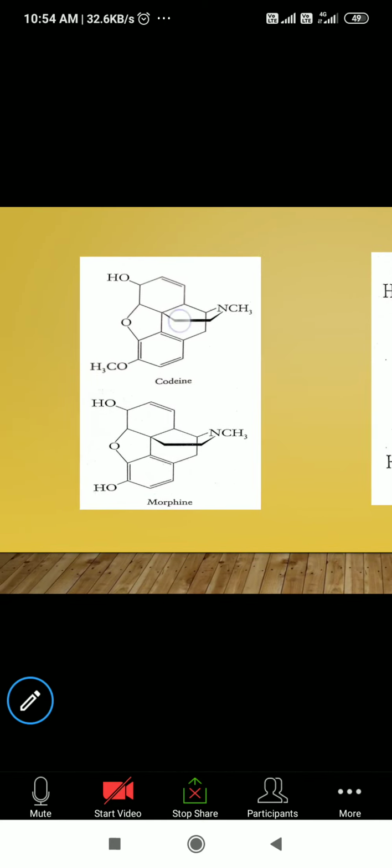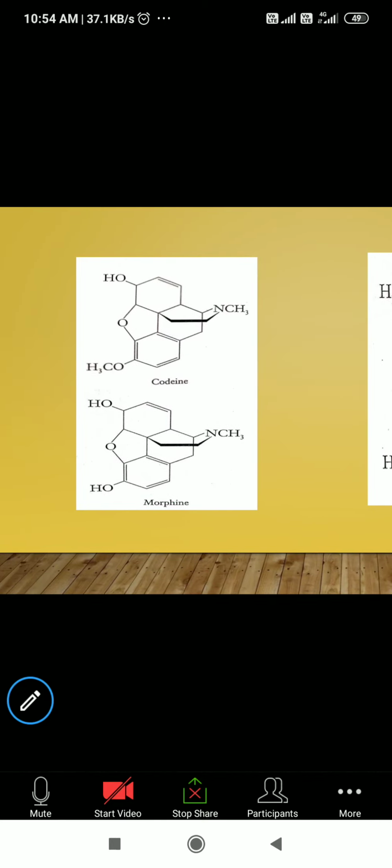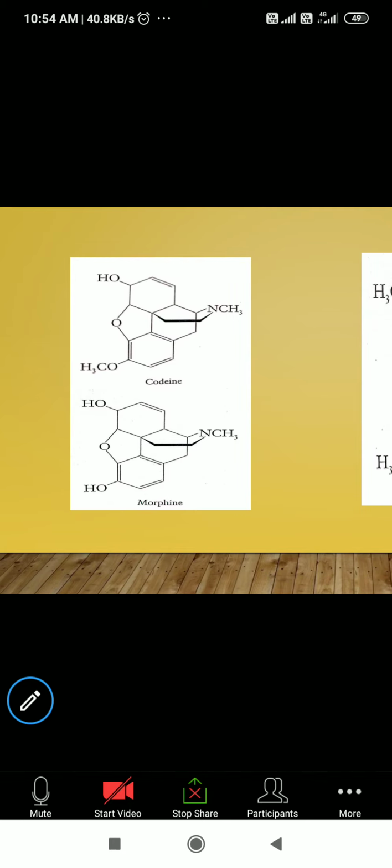This is the structure of codeine, one of the secondary metabolites present in opium. This is morphine. As we can see, at least one nitrogen atom is present there.